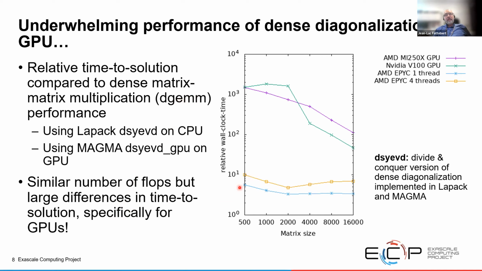If you do that on a CPU, your cost for one diagonalization compared to one single matrix multiplication is less than 10, which is okay.